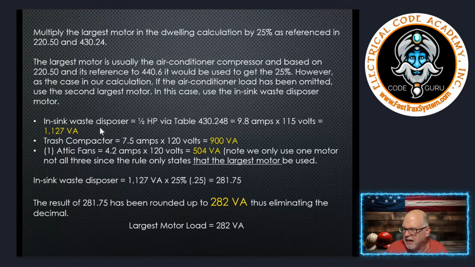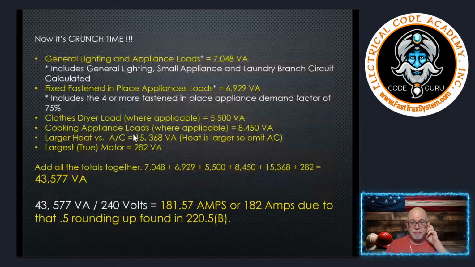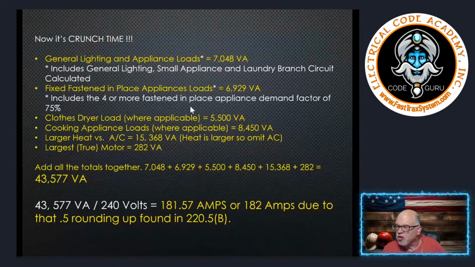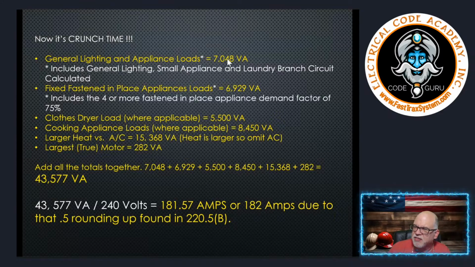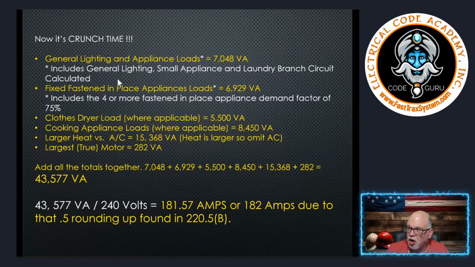Okay, so what's the last step? We have to add all this up. Easy peasy. So there's our loads. We've got 7,048, and that includes all the general lighting, general use receptacles, small appliance and laundry, and we applied a demand factor to that. We have the fastened in place appliances, and we applied a demand factor to that. So let's add that, 6,929.